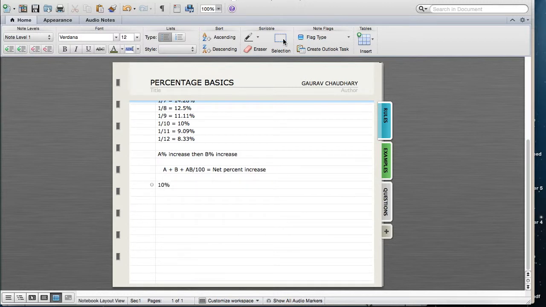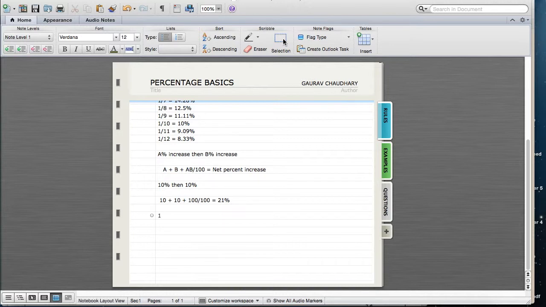Suppose the value is increased by 10%, then again by 10%. We have to find the net percent increase. So a plus b plus a into b upon 100, which gives us 21. So the answer won't be 20%. We cannot simply add it to 20.